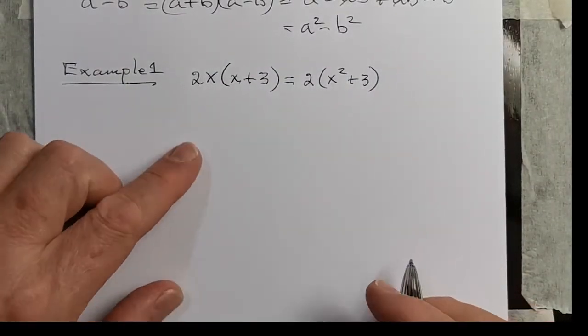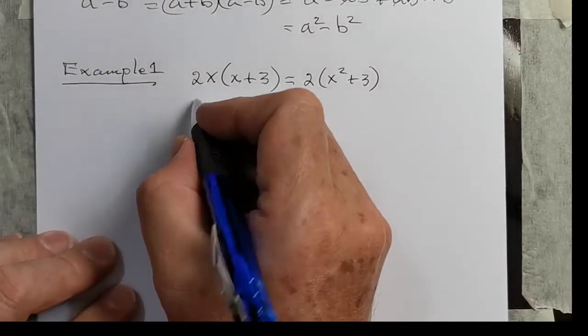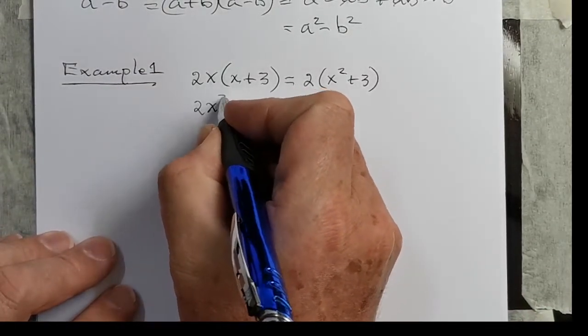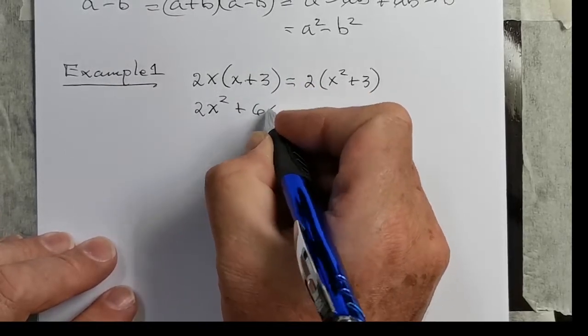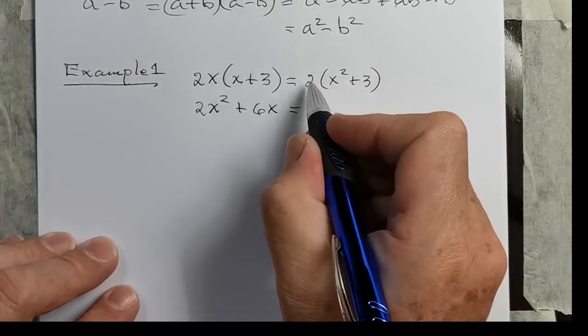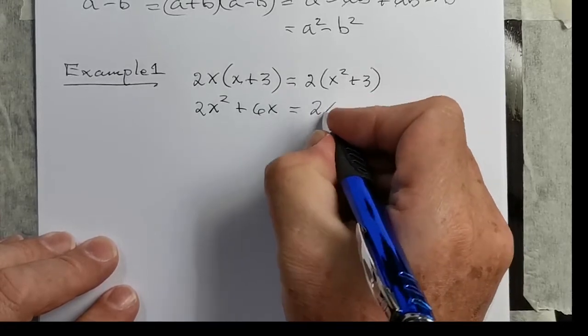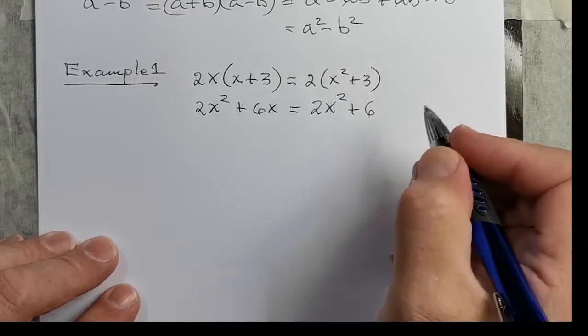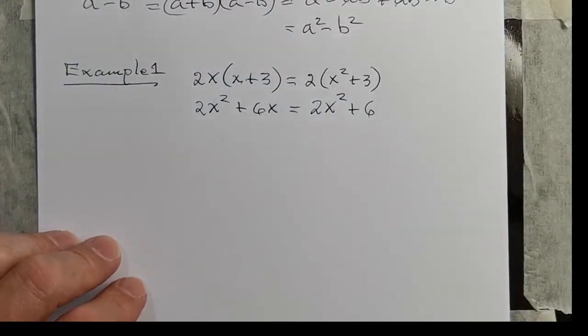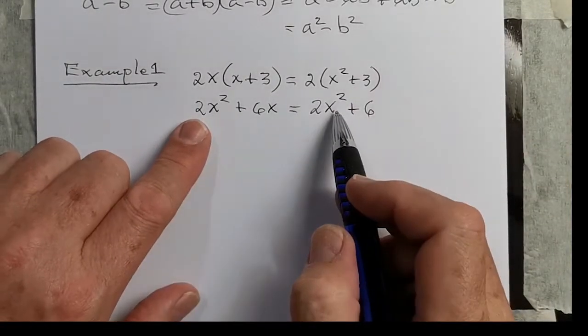Well, just use your distributive property. 2x times x is 2x squared, plus 2x times 3 is 6x. And that will be equal to 2 times x squared is 2x squared, plus 2 times 3 is 6. Now notice here on the left and the right we have 2x squared.